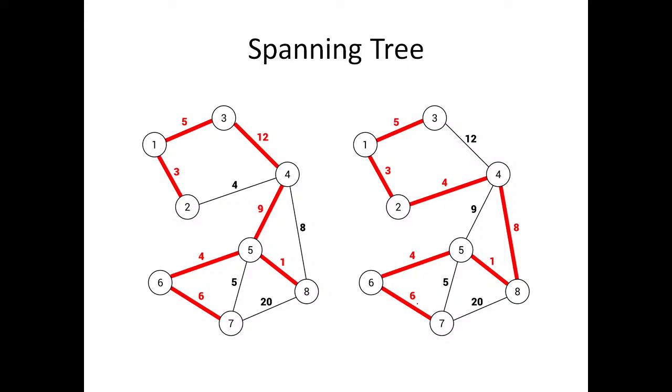The total weight of a spanning tree is the sum of the weights of its edges, and if the weight is minimum, that is called the minimal spanning tree. Clear? Now you may ask, ma'am, how can we consider the minimum? There are several spanning trees which can include all the vertices and not include any cycle, right?